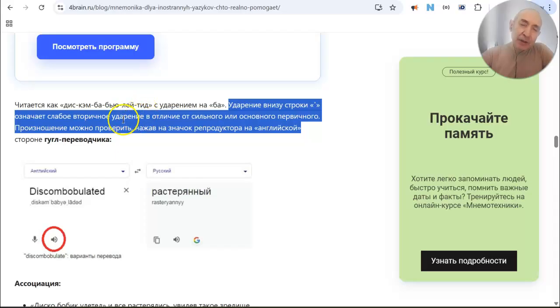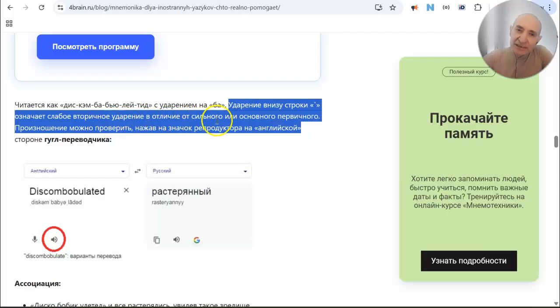Означает means. Please underline and write means if you're not familiar. Слабое means weak. And вторичное means secondary. Therefore, ударение внизу строки означает слабое вторичное ударение would be the emphasis in the lower part of the line means a weak secondary emphasis.